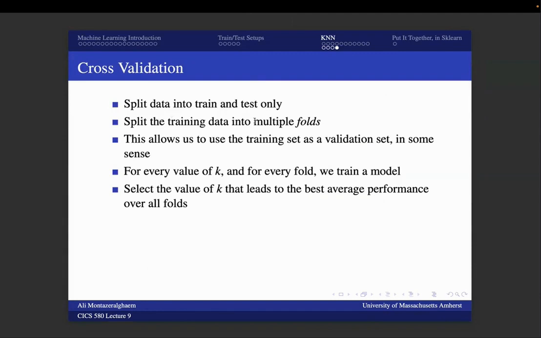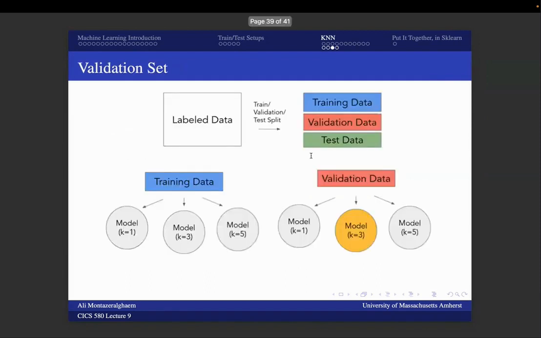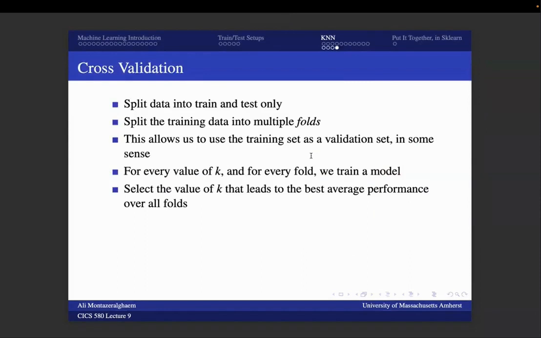Actually, we split the training data into, for example, 5 folds or 10 folds, and then use each fold as validation data, and for another one, we change the validation set, and then finally we get the best average performance over all folds that we have.